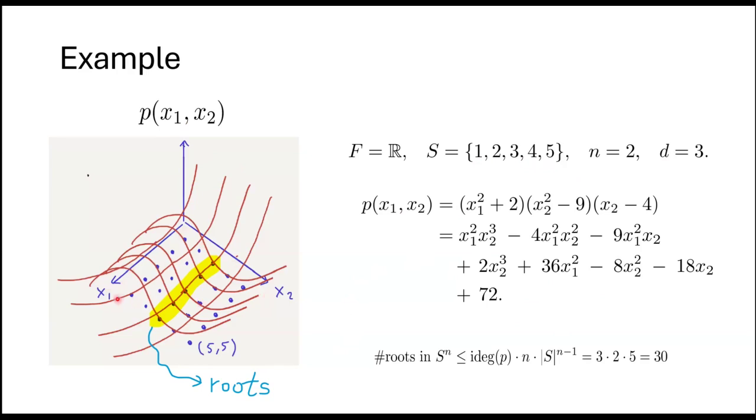At the bottom I put the cube S^2. There are 25 points here, and on the vertical axis, I will put the value of p at the point (x1, x2).